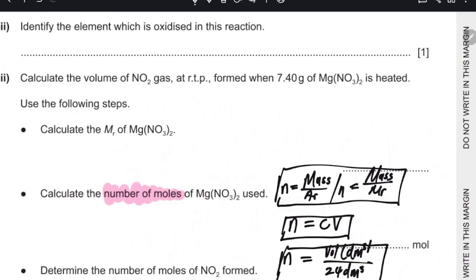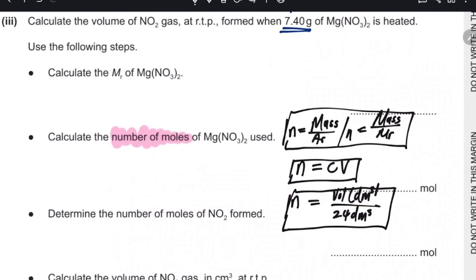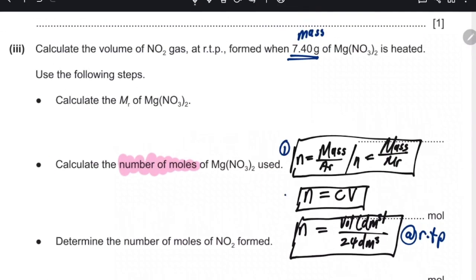Now, the moment you see them giving you mass here, this is grams, so this is obviously mass. That means we use this one. If they give us concentration and volume, we use this one. If they talk about RTP, we use this one. Remember, this is at RTP. So tell me, which one are we using? The first one, the second one, or the third one? Which one are we using in step 1 here?